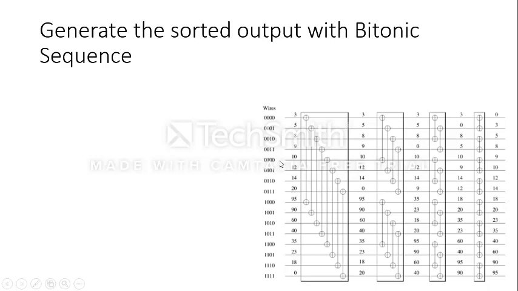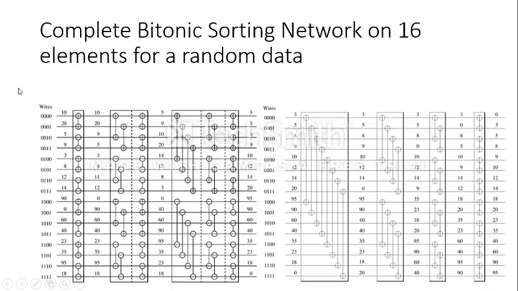Since this output is already in ascending order, for any arbitrarily arranged input, if we apply the same Bitonic merging operation repeatedly in the first broad stage, second broad stage, third broad stage, and this fourth broad stage comprising four steps, we can get the required output in ascending or descending order.